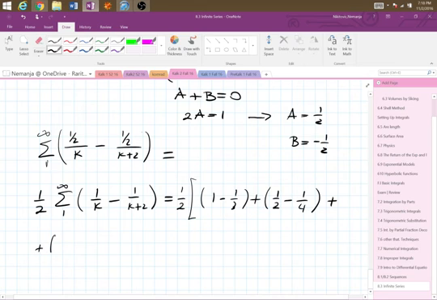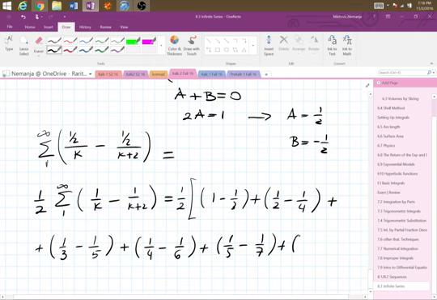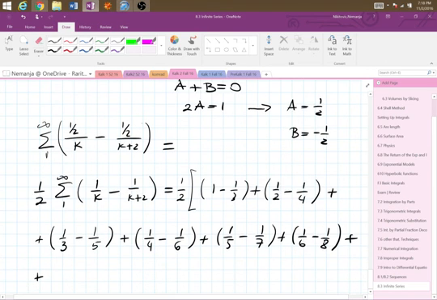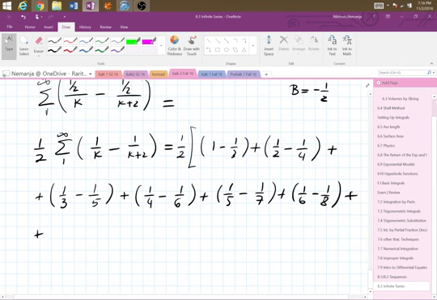Plus 1/3 minus 1/5. Plus 1/4 minus 1/6. Plus 1/5 minus 1/7. Plus 1/6 minus 1/8. Why am I writing so many terms? Because I have to. I don't have cancellation in adjacent parentheses. So the more I write, I will get the better sense of the pattern, where I cancel.